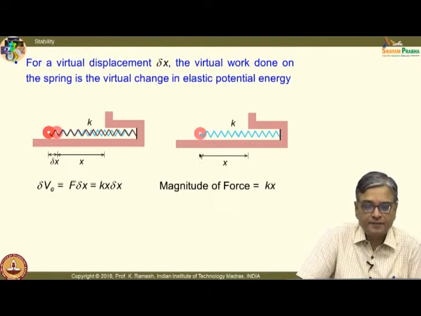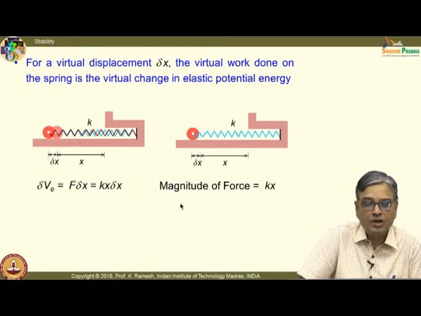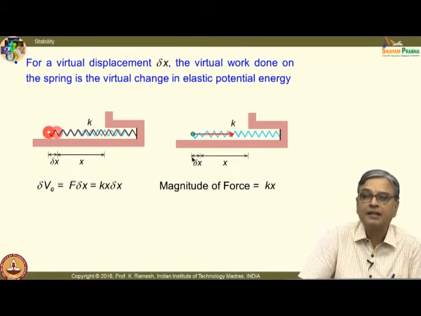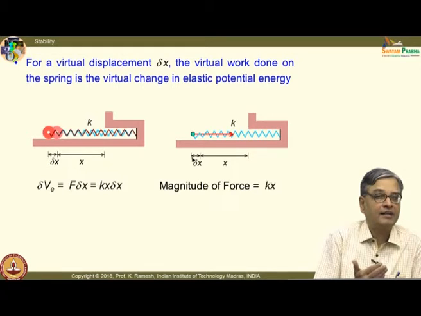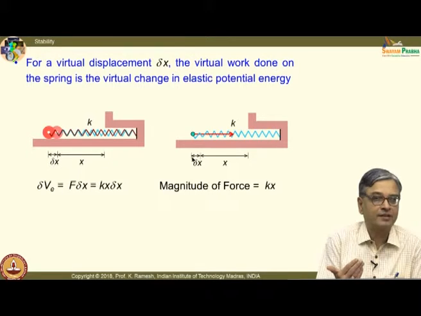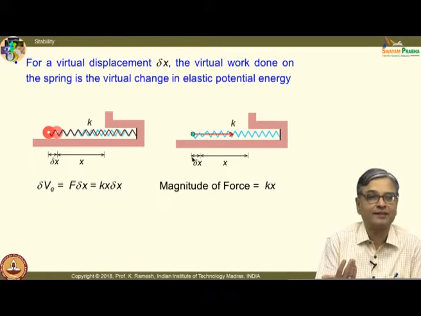Now, let us look at what is the work done on the spring. I have given a displacement delta x, and I look at the restoring force. This is the restoring force; in which way are the force and the displacement directed? The displacement is opposite to the direction of the force. When the force and displacement are opposite to each other, what is the sign of the work done?